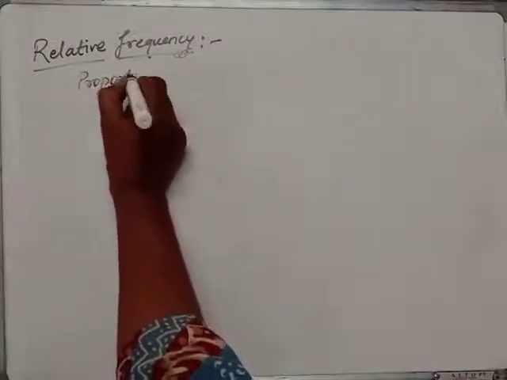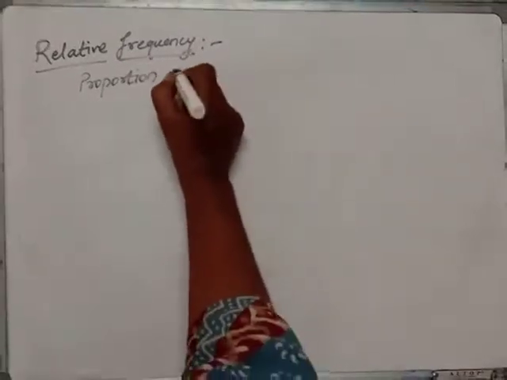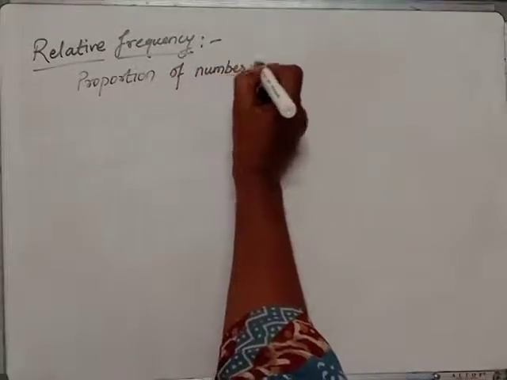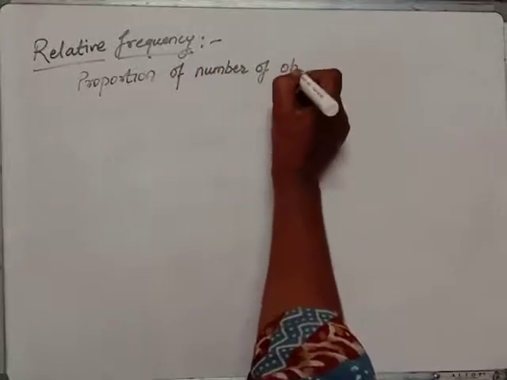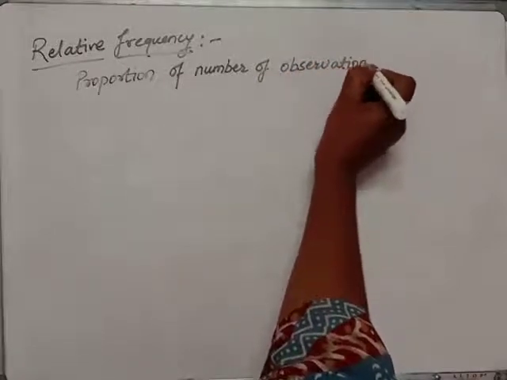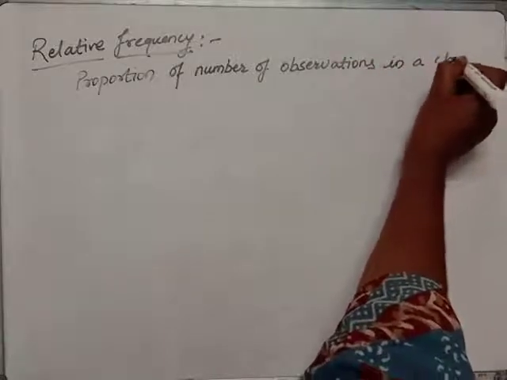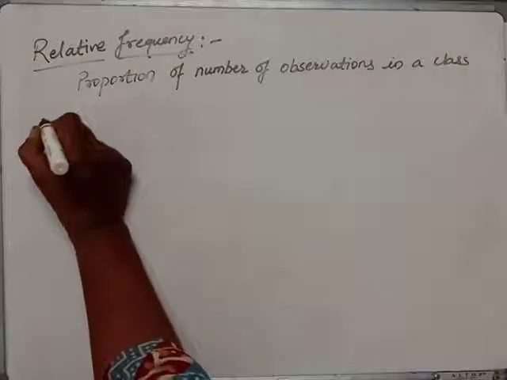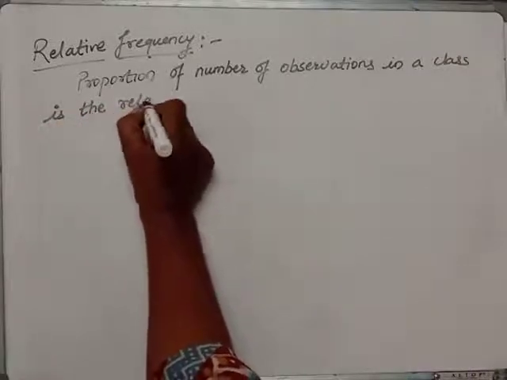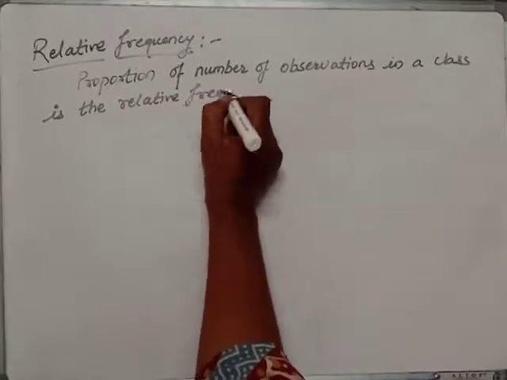The proportion of the number of observations in a class is the relative frequency.